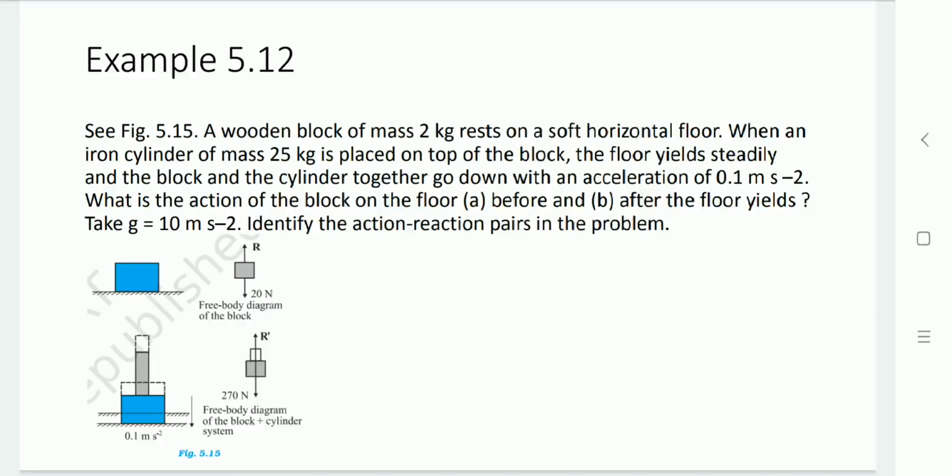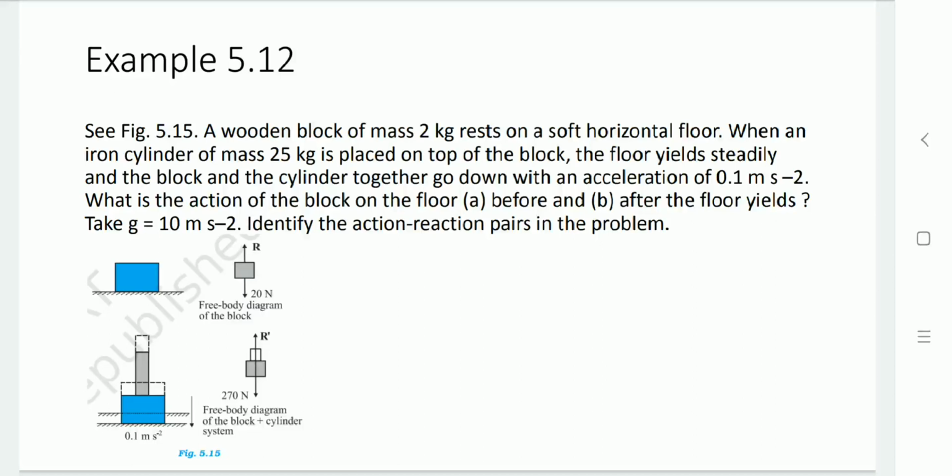Now from another diagram, we can see that the iron cylinder is placed onto the wooden block. So the total system will accelerate downward with an acceleration of 0.1 meter per second square. So here in the free body diagram, m has two components, the wooden block plus the iron cylinder.